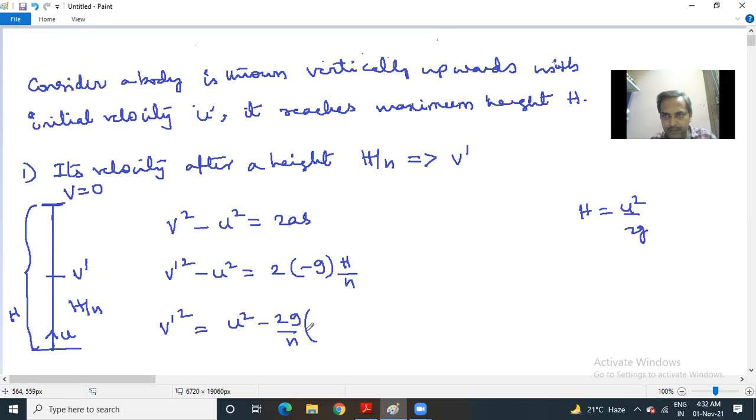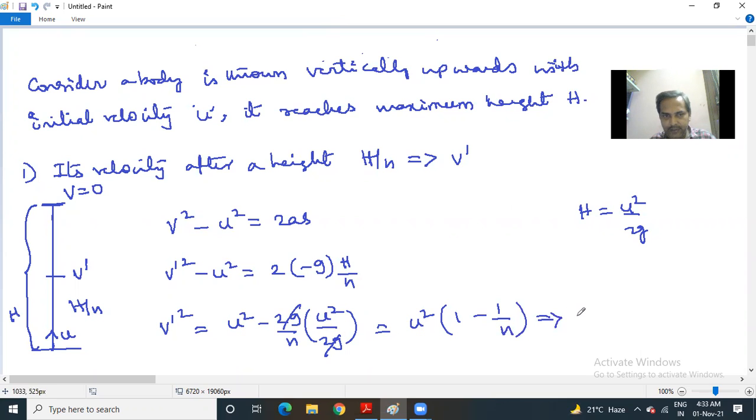So now H can be replaced with u square by 2g. There is cancellation, 2g gets cancelled. So you will get u square common, it will be 1 minus 1 by n.